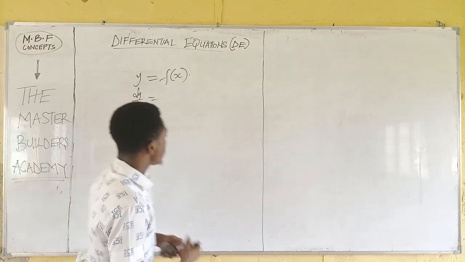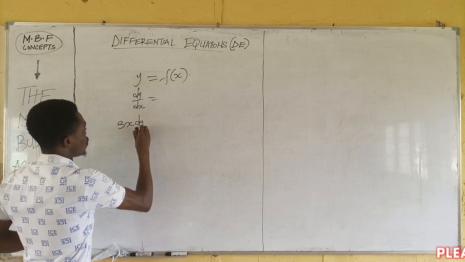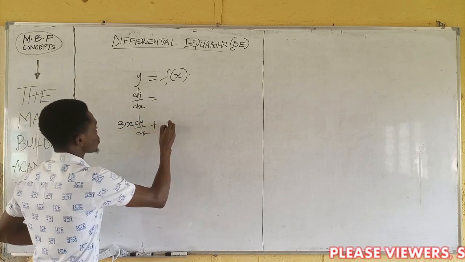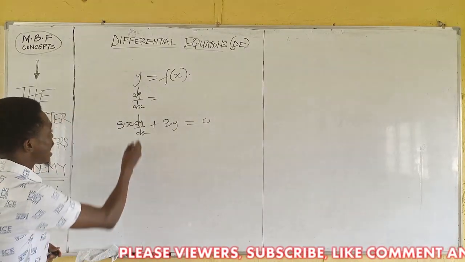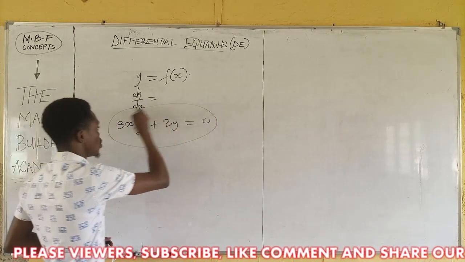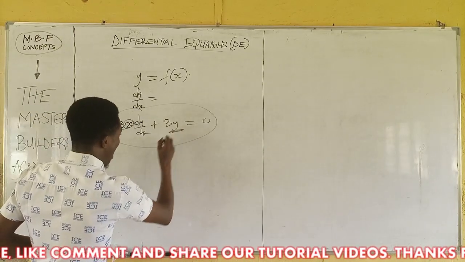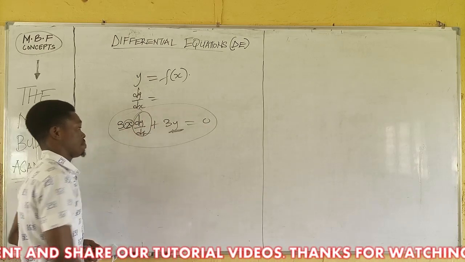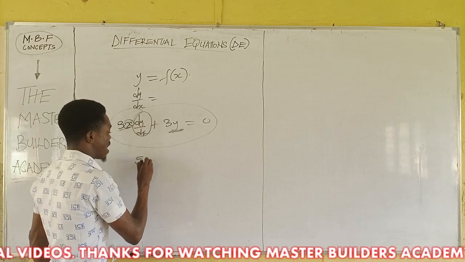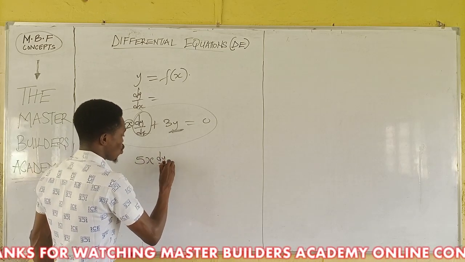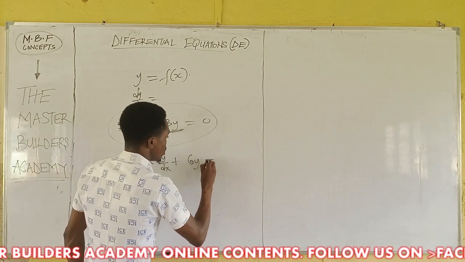Now, if for instance I have 3x dy over dx plus 2y is equal to 0, this is a differential equation. Why? Because I have an independent variable x, a dependent variable y, and a derivative. Hope this is well explained, guys. So, take for instance, I have 5x dy over dx plus 6y is equal to 0.